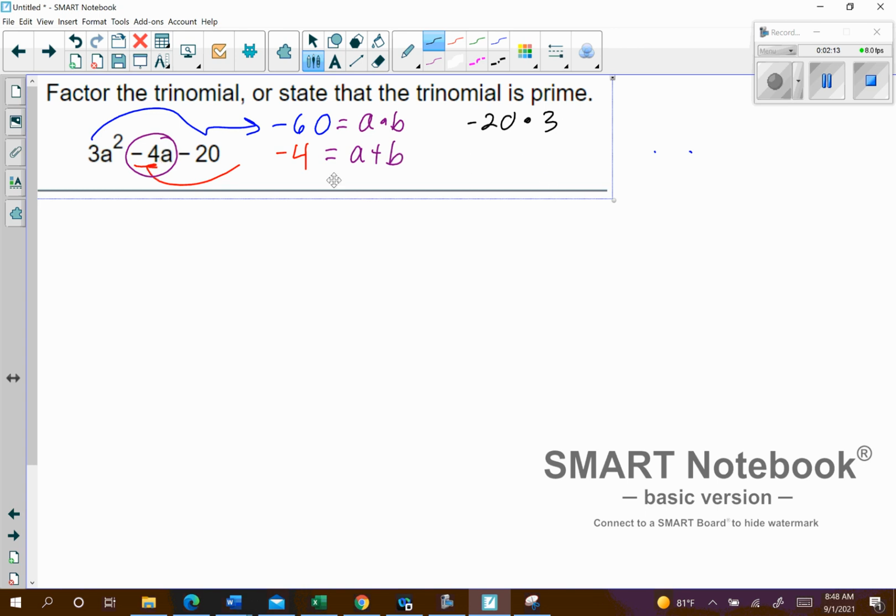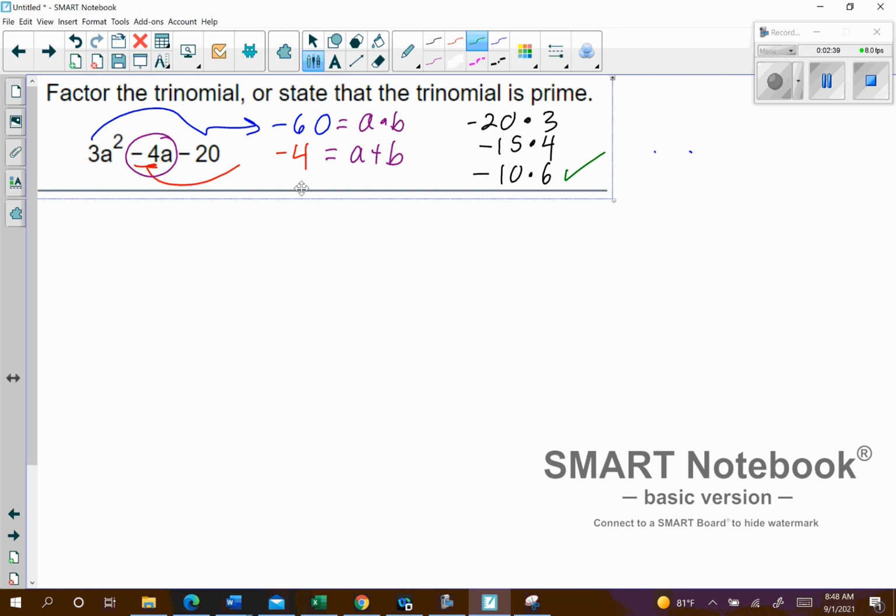The only problem is that doesn't add up to negative 4, right? That adds up to negative 17. So let's see, maybe negative 15 and 4, but that adds up to negative 11. Let's see, maybe negative 10 times 6. And so that's it. That's the one I'm looking for right there because that adds to negative 4.